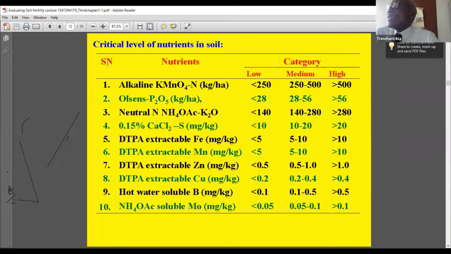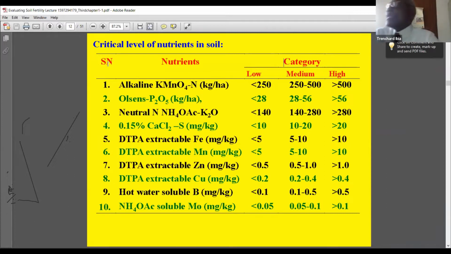So after extracting the soils with these extractants, soils are categorized on the basis of low, medium, and high content of individual nutrient elements, and decisions can be taken for these nutrient elements: molybdenum, boron, copper, zinc, manganese, iron, sulfur, potassium, phosphorus, and nitrogen.